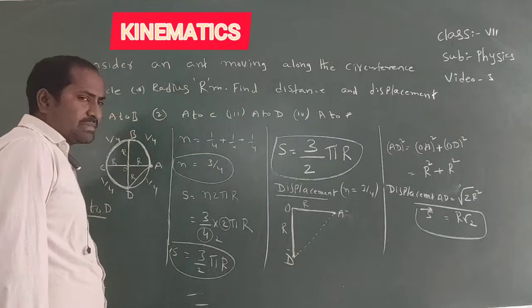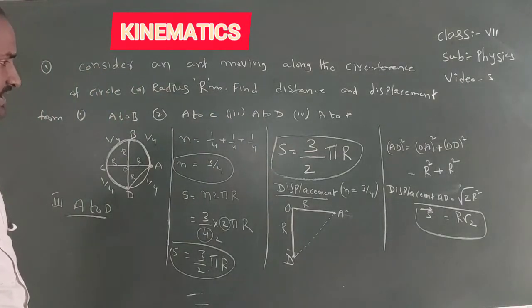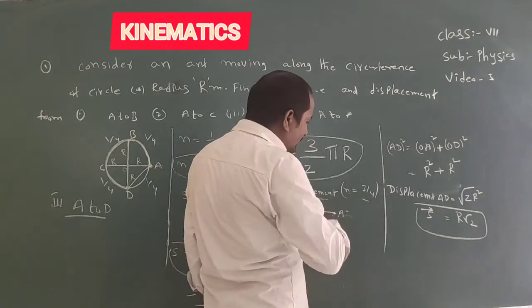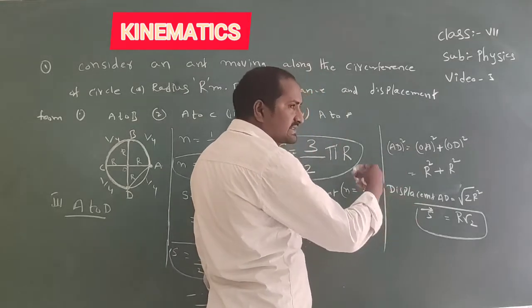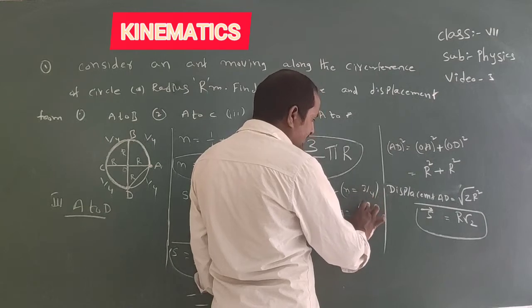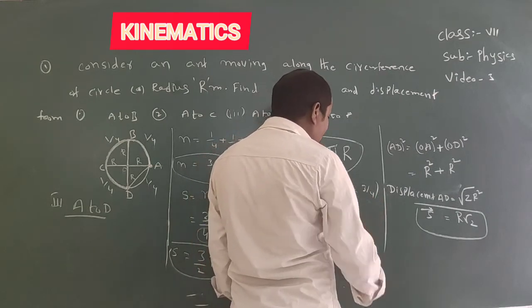n means how many times a body is revolving in a circular path. So it is revolving in a circular path how many times? 3 by 4 times. n is the number of revolutions on a circular path. If n equals 3 by 2, then displacement equals 2r.